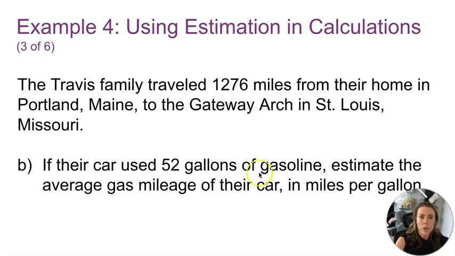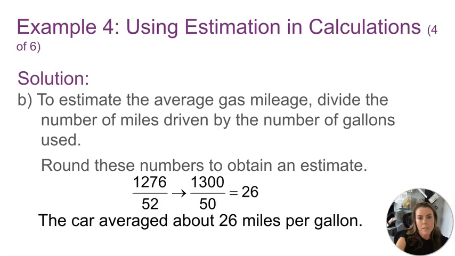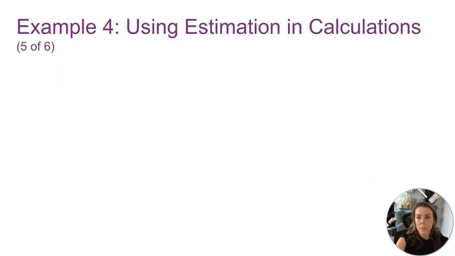And so if we know that we drove about 1,300 miles, and so 52 gallons is approximately 50. So again, doing this in our minds, I divide top and bottom there by 10. You get 130 divided by 5, and so that's 26. And the car averaged about 26 miles per gallon.